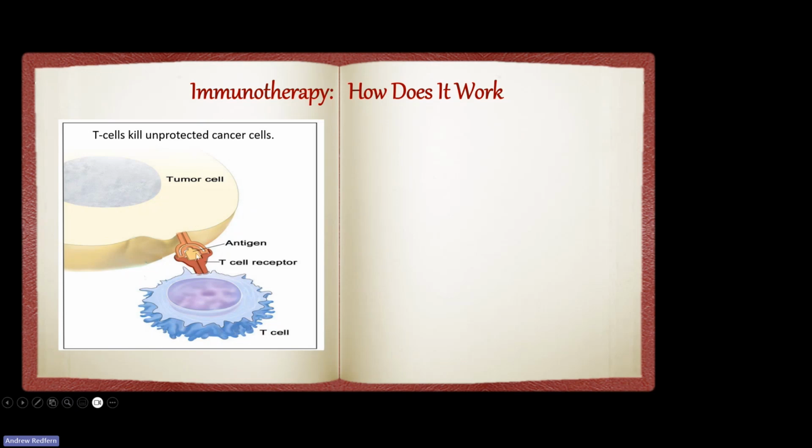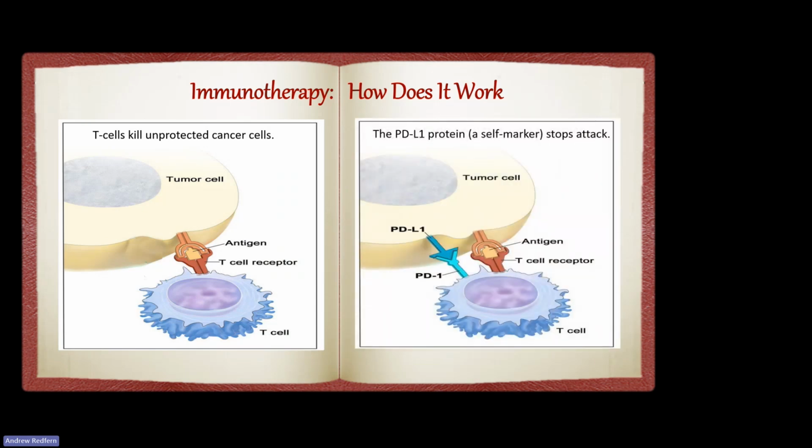It's because tumor cells, because of all the damage in their DNA, produce dodgy looking proteins that are mutated, not like our normal cells. And T cells can recognize these dodgy looking proteins called antigens, and they will jump on that cancer cell, as we saw in that previous picture, and kill them. However, to stop our T cells jumping on all our normal cells, if they look a little bit sus, there's also a self-recognition system, and this one's called programmed death 1 or PD1, and all these immune treatments are often called PD1 inhibitors.